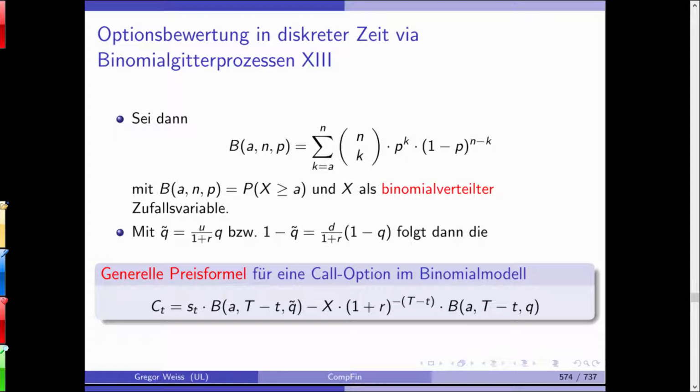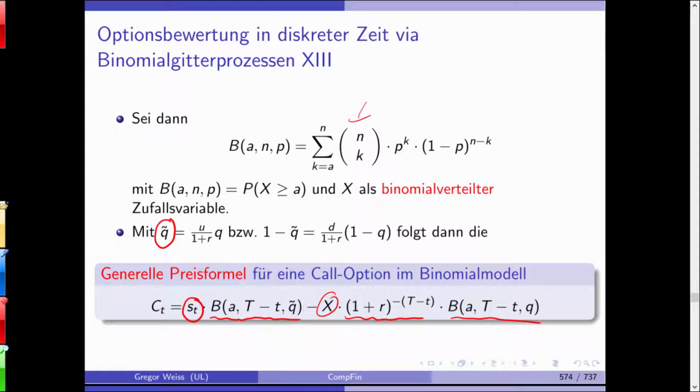If you take this here, and if you substitute q times u over 1 plus r, and you simply write it with q tilde, you can see that in the binomial model, the price of a call option is given by stock price times binomially distributed probability minus strike times discount factor times probability.